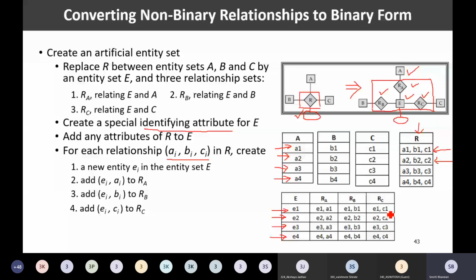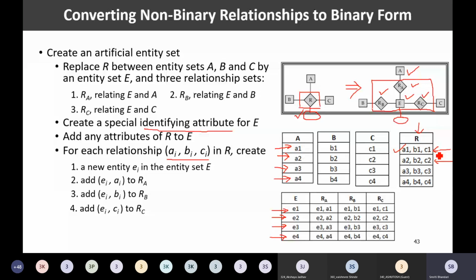So ultimately, if I collect all the entries stored in RA, RB and RC, those are related with E1. Ultimately, what I'll get associated with E1 is A1, B1 and C1. The same relationship, A1, B1, C1.